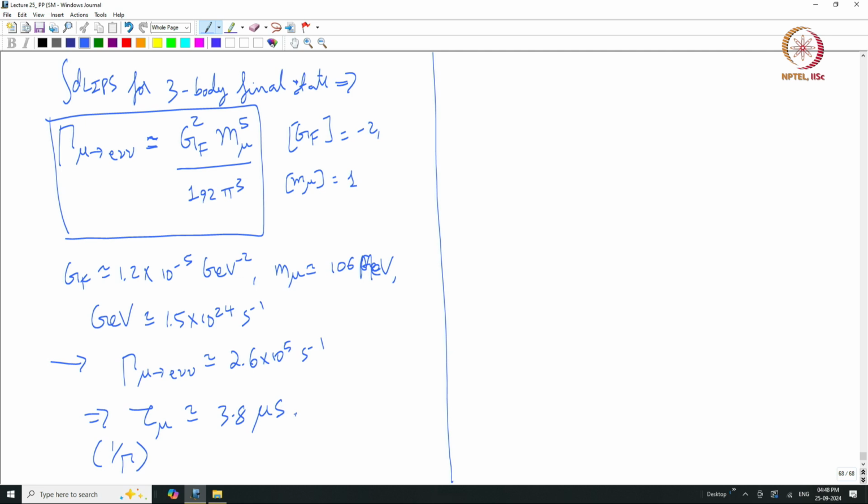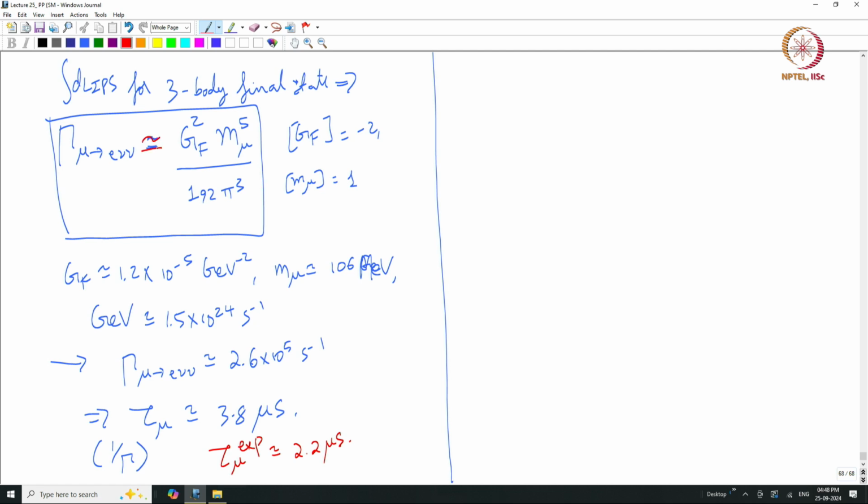That is actually pretty good for this estimate, because experimentally we find that it is 2.2 microseconds. So what accounts for this discrepancy? It is just that I did not treat the phase space very correctly here, which is why I am putting an approximate symbol.